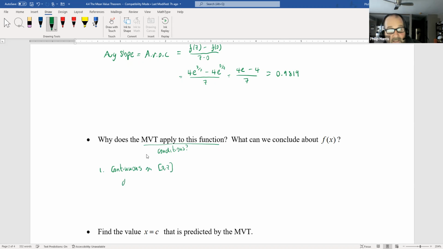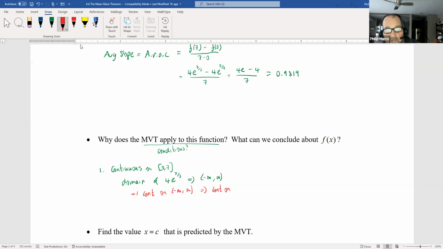This is essentially the domain of 4e to the x over 7. The domain here is all real numbers. So this is indeed going to be continuous. It is in fact continuous for all real numbers, so it is continuous on this interval.